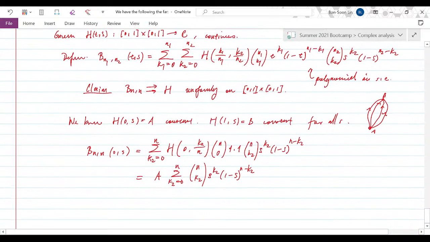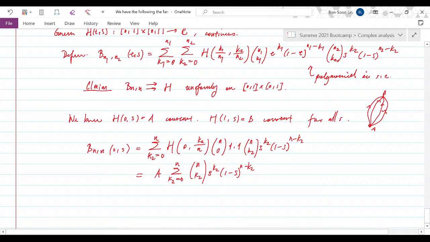Looking at this, we recognize what it is: this is just the binomial expansion of (s plus (1 minus s)) to the nth power, which, lo and behold, is a. So that's reassuring that the Bernstein polynomial fixes the endpoints.